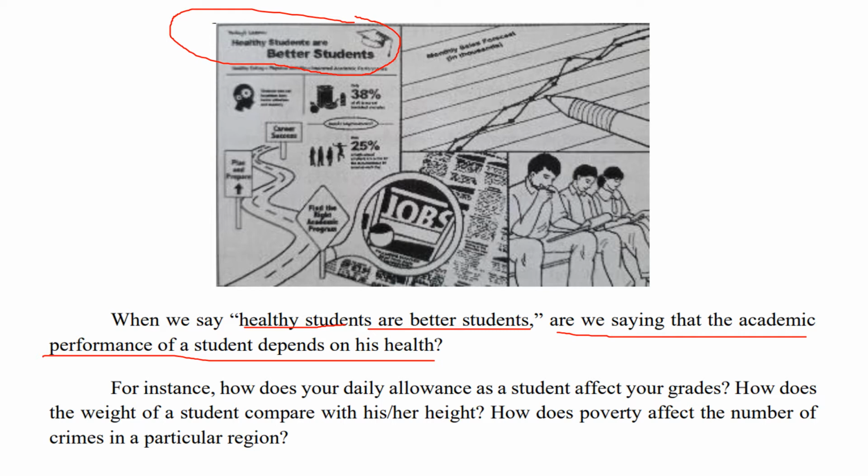Now let's move forward. Based on the health and the academic performance of the student, definitely there is a significant relationship between these two variables. The academic performance can be dependent on the health of our student, but not all the time, because there are times that even if there are lapses in the health of the students, they are still performing.